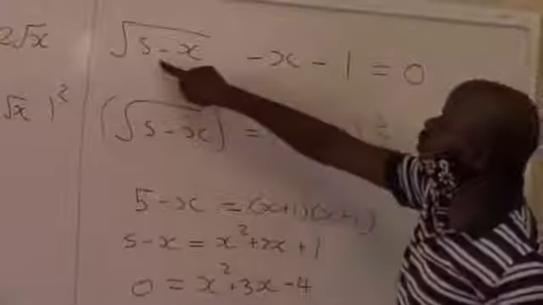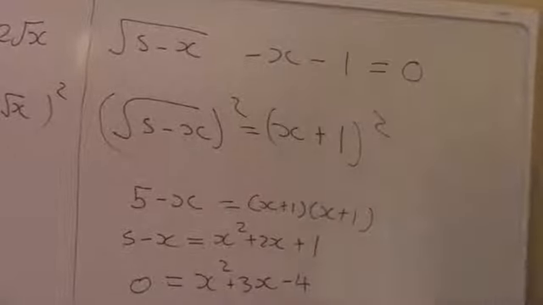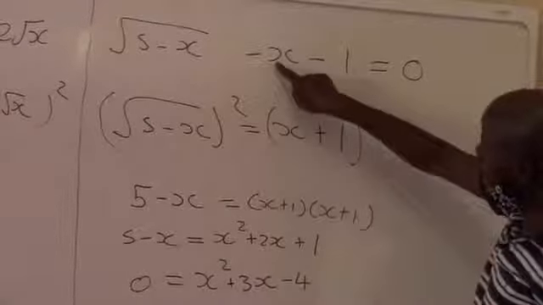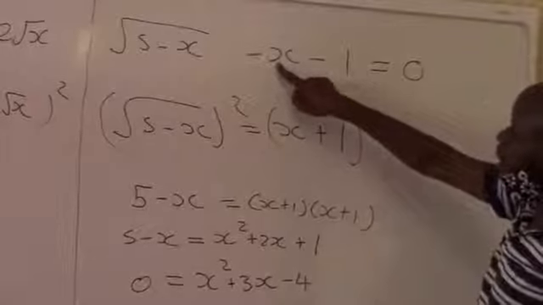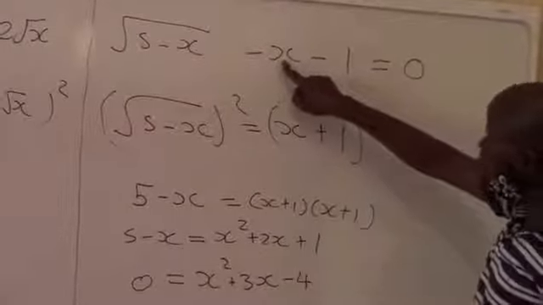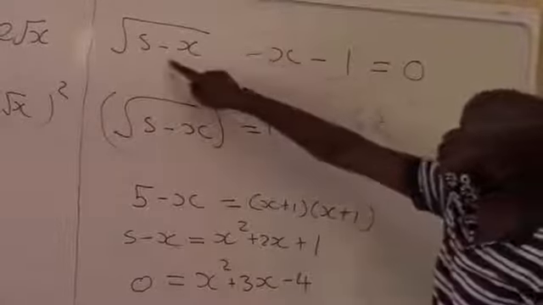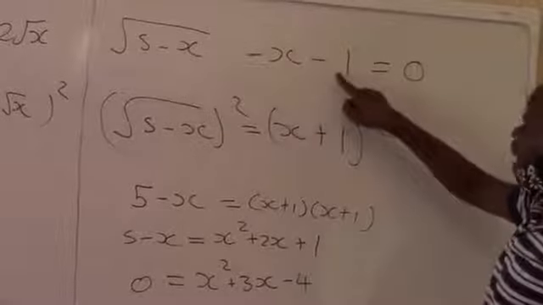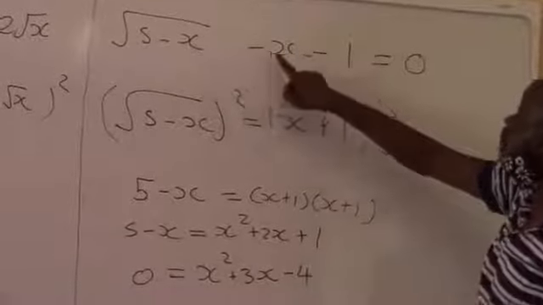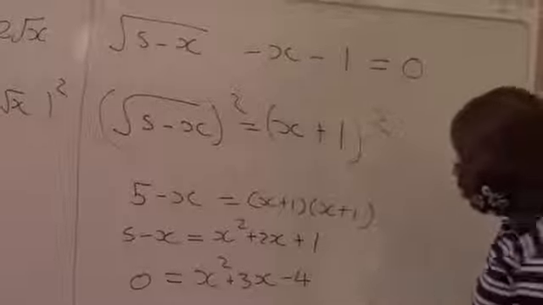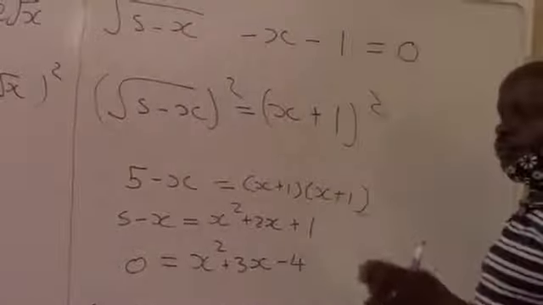The square root of 9 is 3. And then here again, it's going to be positive 4 because of that negative. So it will be 3 plus 4 minus 1. 3 plus 4 is 7 minus 1 is 6. So this one is not going to give us a 0.